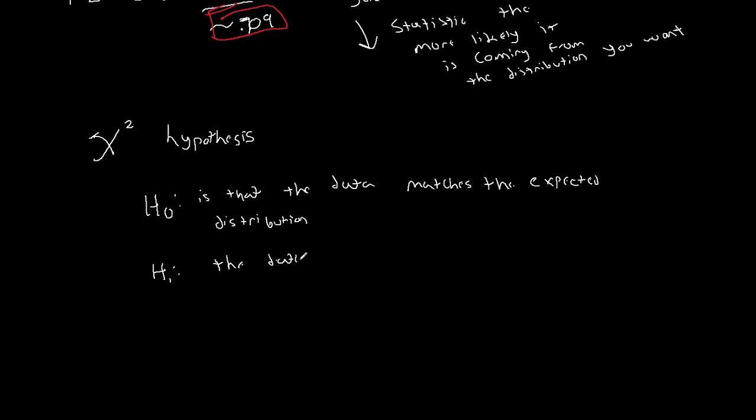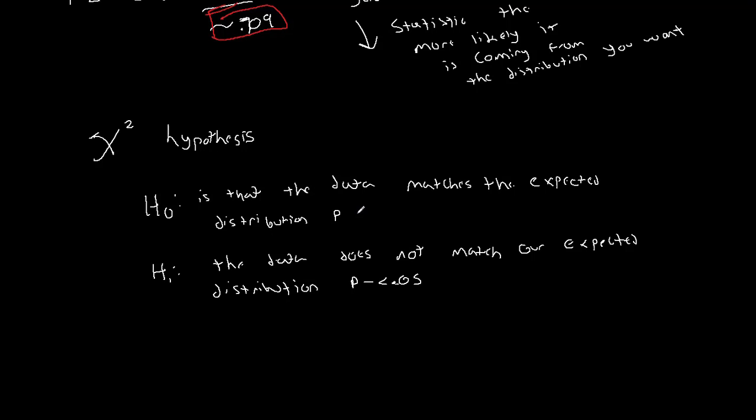The data does not match our expected distribution. So traditionally, a p-value of less than 0.05 would indicate this.